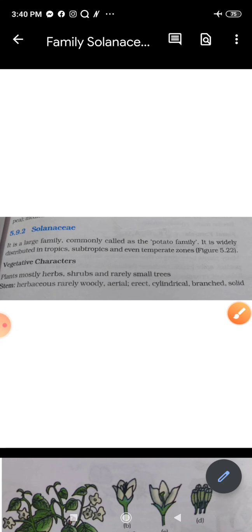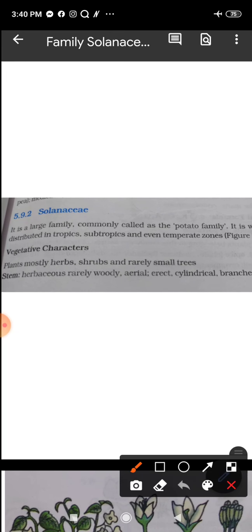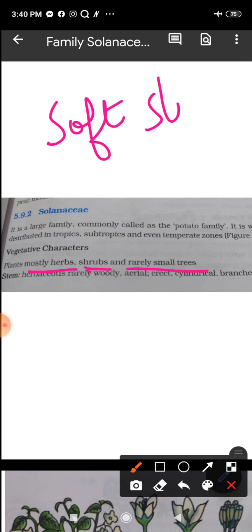So coming to the vegetative characters, it says here, the plants found in this family are mostly herbs, shrubs, and rarely small trees. What are herbs? Herbs are plants with soft stem, not very great in height. Shrubs, they have woody stem.